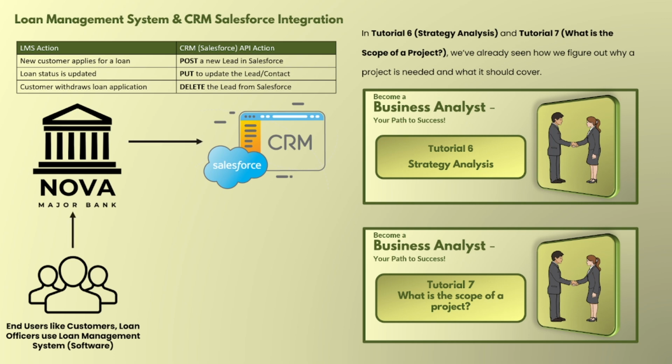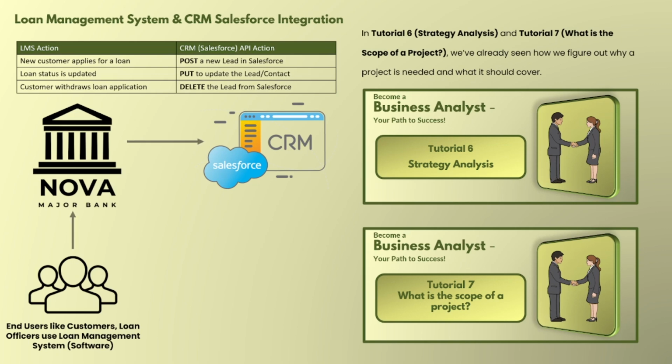Again I am repeating to make it more familiar: they are not using Salesforce or the customer relationship management system on their mobile or laptop. They go to the web page of Noah Major Bank, to the bank's loan management system software. Here they apply and put in their data, but Noah Major Bank is connected to the customer relationship management system, Salesforce.